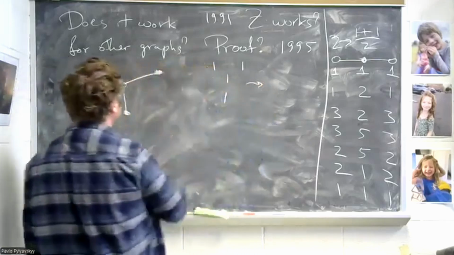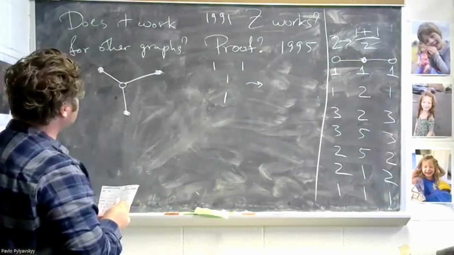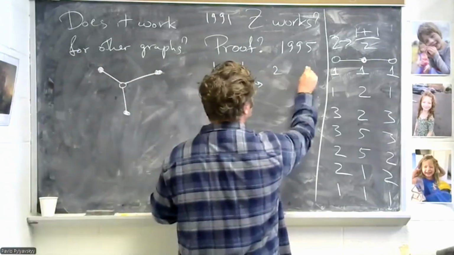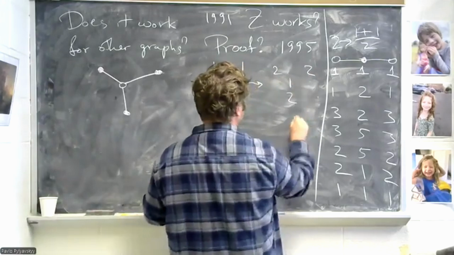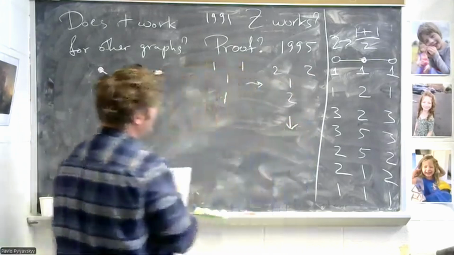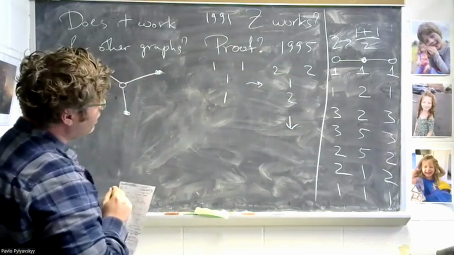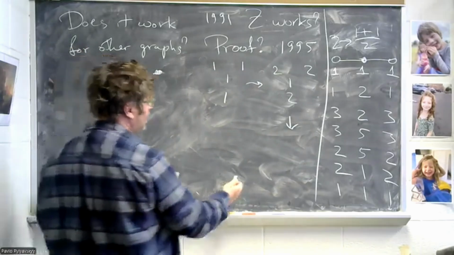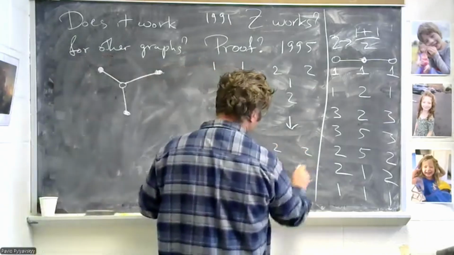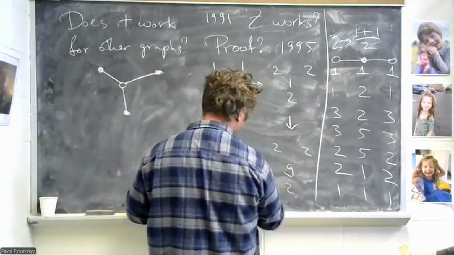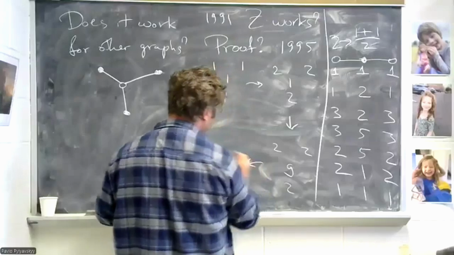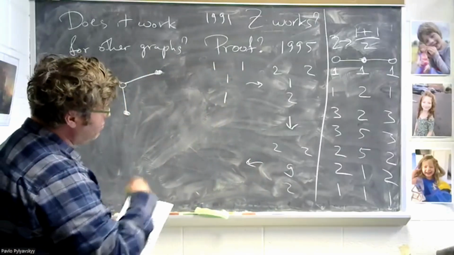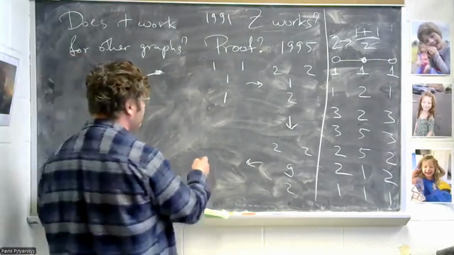Let's say if I do the black ones first, all of them become twos. Now I do the white one. I have 8 plus 1 divided by 1, which is 9. Now I do 9 plus 1 divided by 2, which is 5.